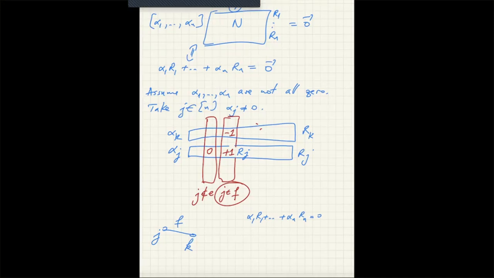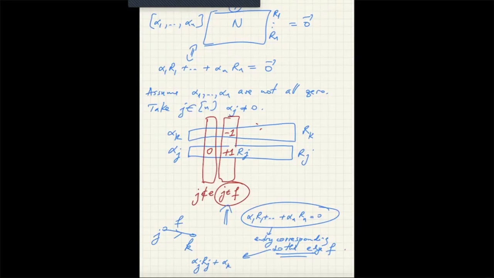If you look in the entry corresponding to the edge F, there are only two non-zero values in the matrix N. Those correspond to these vertices J and K. So in the entry corresponding to the edge F, everything is 0 except alpha J Rj plus alpha K Rk.